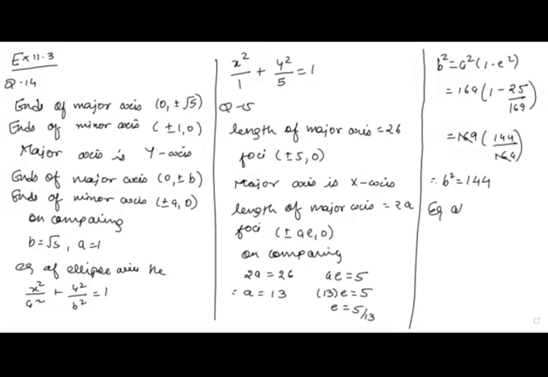Therefore, the equation of ellipse will be x square by a square plus y square by b square is equal to 1. Therefore, x square by 169 plus y square by 144 is equal to 1. This is the equation of ellipse.